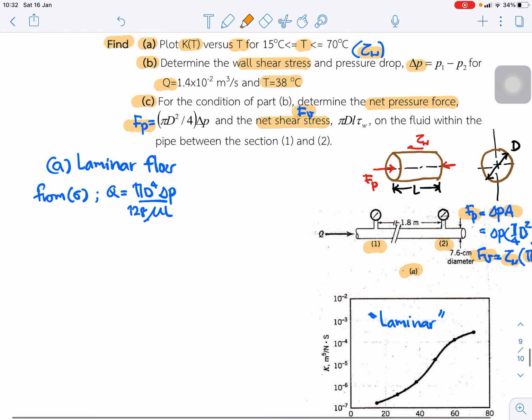Okay, we start from part A, laminar flow. We bring in equation 6.